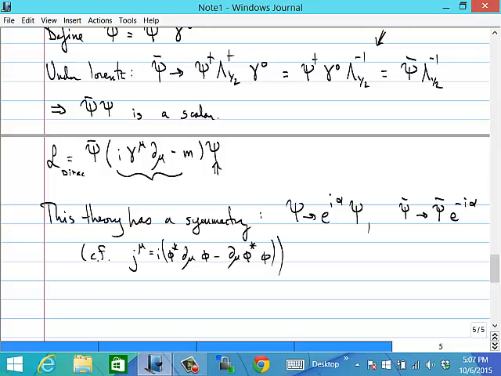Yes. Can't we just reuse the same current, but just replace a phi with psi? You could, but that actually turns out not to be the Noether current. That comes from this phase rotation. In particular, remember that the derivation of the Noether current followed from the variation of the Lagrangian with respect to its symmetry.